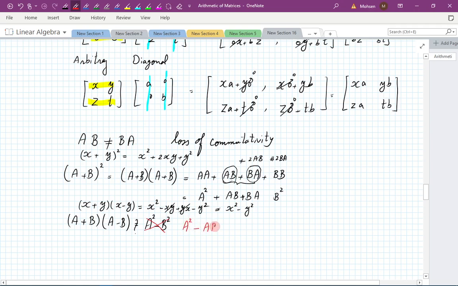Then you have minus AB, and then you have BA, and then you have minus B squared. The problem is that these two do not cancel each other because they're not equal to each other to begin with. So the sum is not zero. Here it was, but now we have lost that.